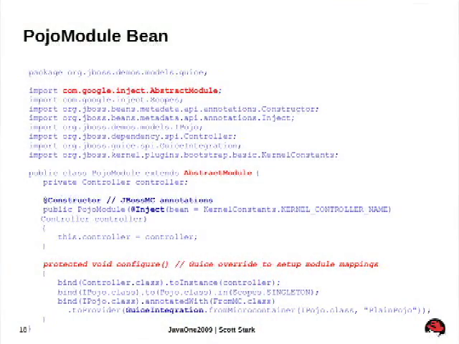Then we have an implementation of the JUICE module configuration method, and here's where we're setting up the key bindings between interface types. In the first case, we're setting that any reference to a controller that's injected is going to be this JBoss controller instance that was passed into the constructor. We're setting a binding between that iPOJO interface class to an instance of that POJO class as a singleton.